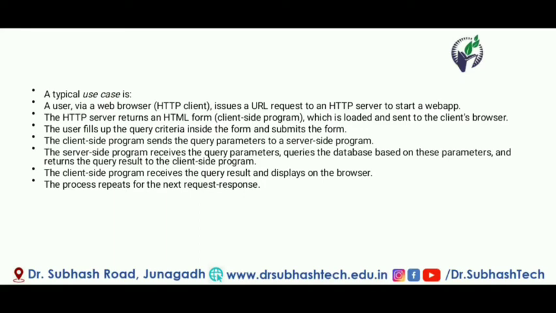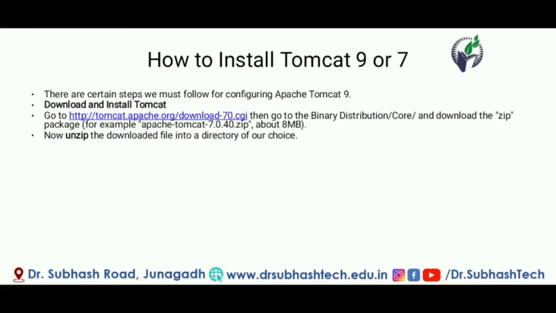Next, how you can install Tomcat 9 or 7. First of all, you have to download Tomcat using the link http://tomcat.apache.org. You can use any version.